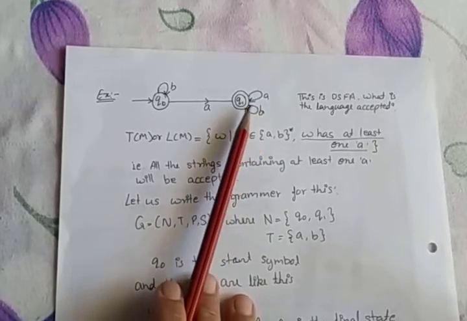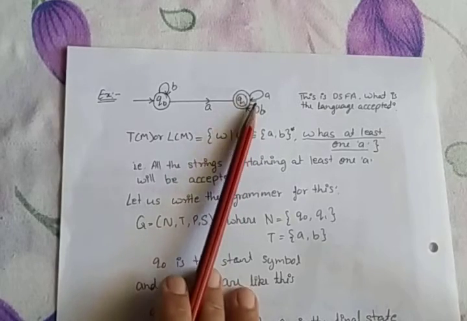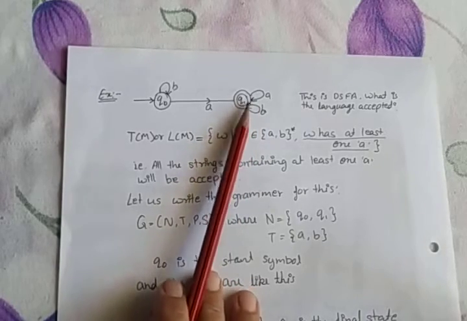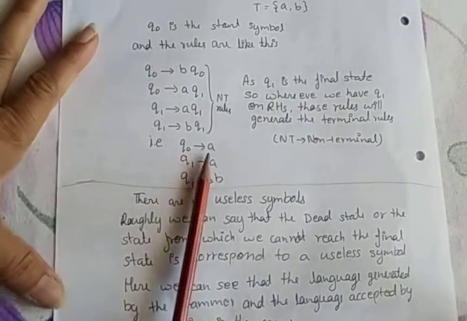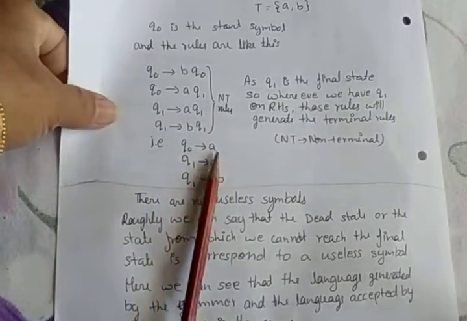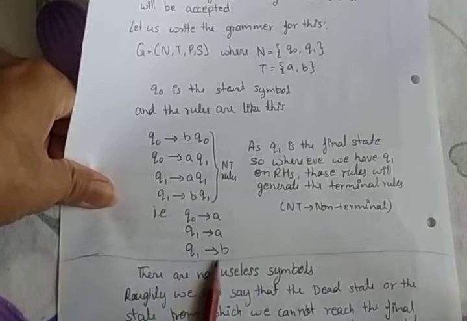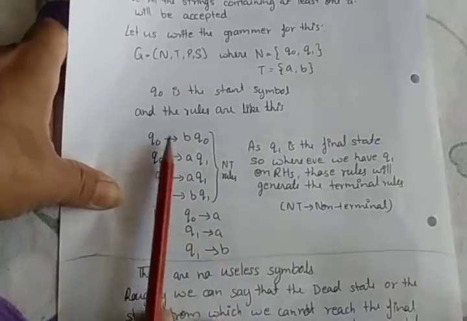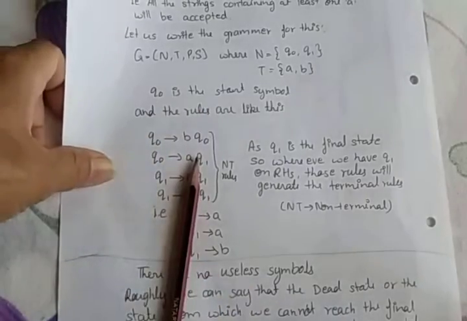And at Q1, when we are reading B, then again we are at the same final state. So the corresponding rules for the final state will be Q0 tends to A, Q1 tends to A and Q1 tends to B. So this is the required grammar for the above automata. Thank you so much.